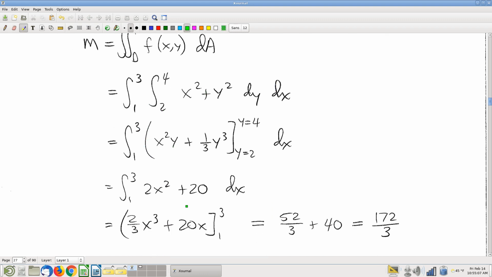Okay. So now plugging in, here are the numbers to plug in, 2 and 4, and here's another common mistake that students make. They start plugging in these numbers 2 and 4, but you've got to remember, we're plugging in for y. So this 2 is actually y equals 2. This 4 is actually y equals 4.